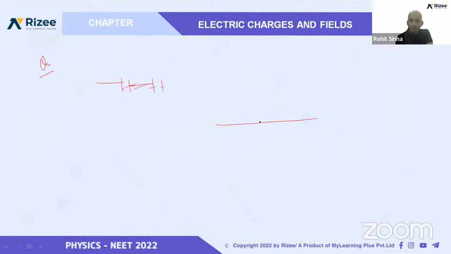Now, let us suppose we have one big plate having area A, and we are having consecutive 3 plates like this. Suppose it has d by 3 width and d by 3 width like this.